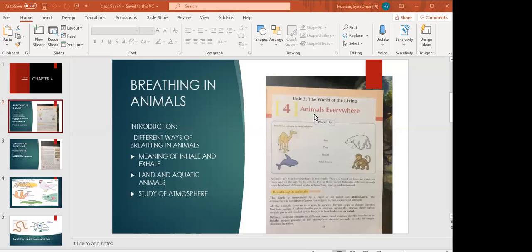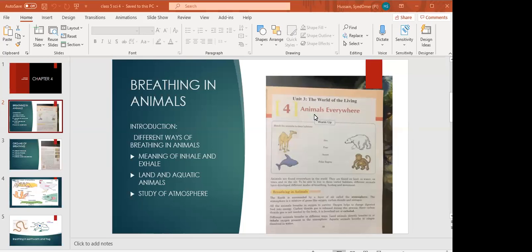breathing in animals. Now these animals live on land, as well as in water, in sea water and in rivers. They have developed several features, like modes of breathing, feeding and movement.